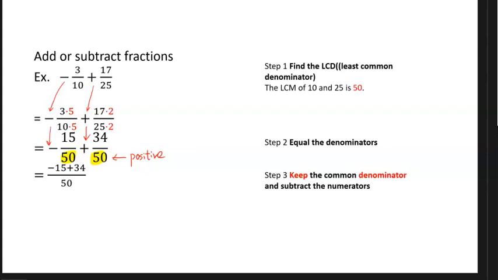So we keep the bottom always positive, and whatever the sign is will be associated with the top. So this minus sign will go with the top. So it's going to be negative 15 and the plus 34. So that's how we get negative 15 plus 34.